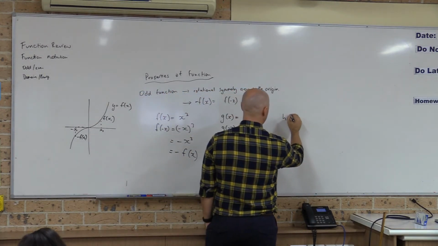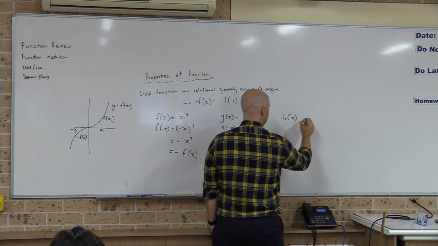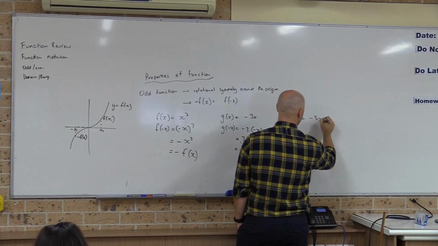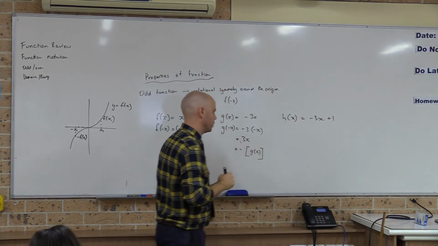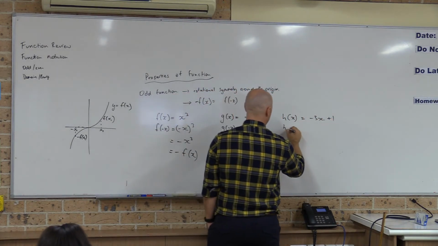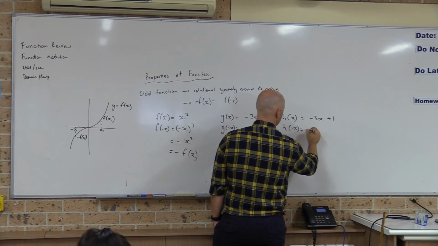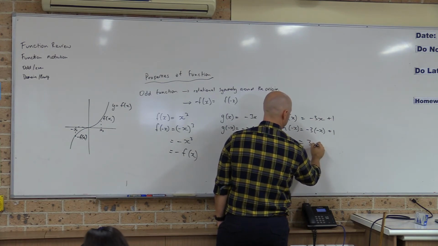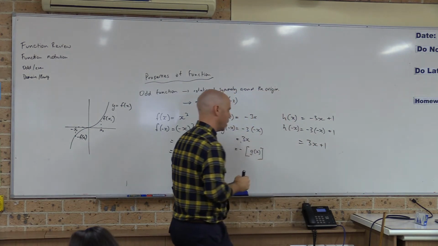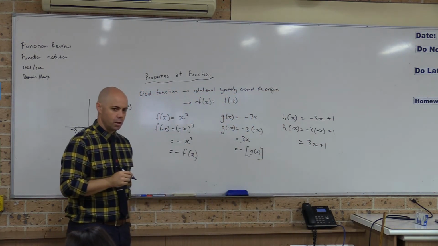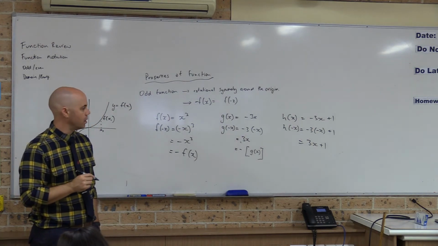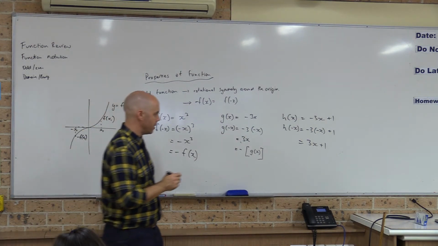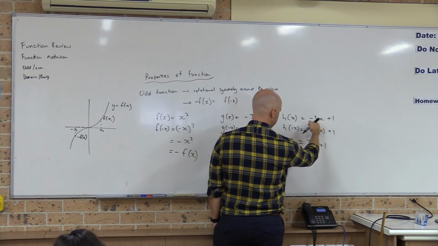However, if I was to have a function that was negative 3x plus 1, and I put in negative x into here, negative 3 lots of negative x here plus 1 equals 3x plus 1, it is not the same as negative of that.